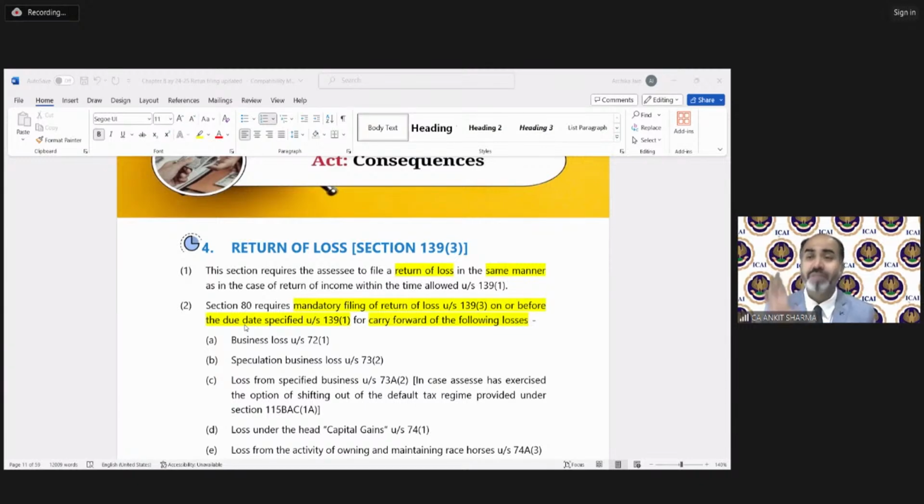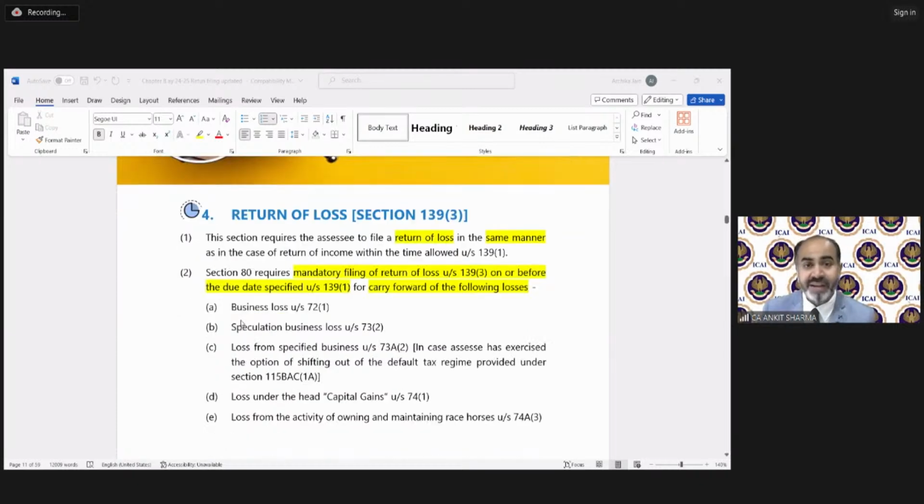But if you did not file your return, there will be a very huge consequence: you cannot carry forward your loss to the subsequent years. So it is for your benefit that you file your income tax return voluntarily if you are suffering from any loss. Section 80 requires this. Now you can see section 80 belongs to set off and carry forward of losses.